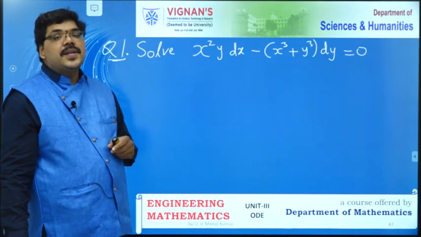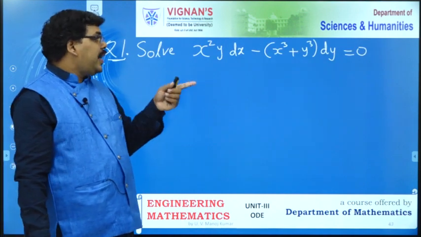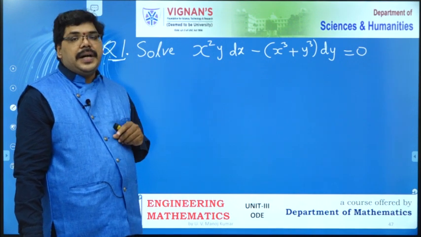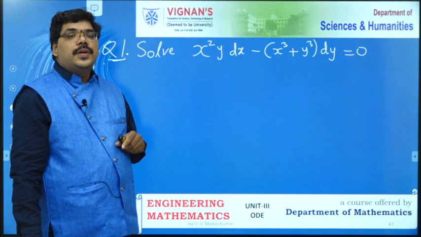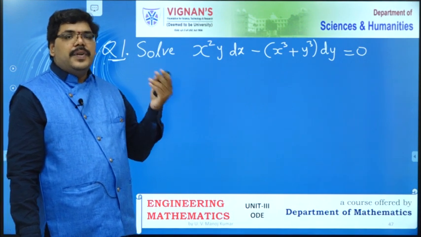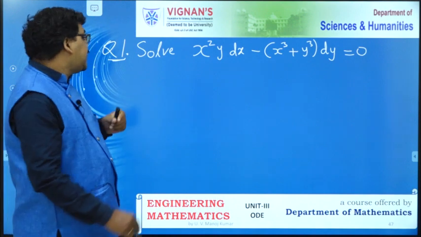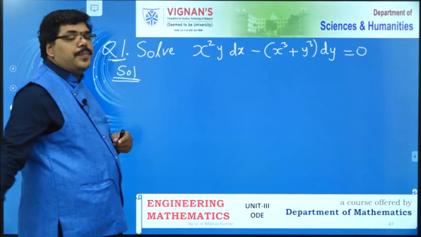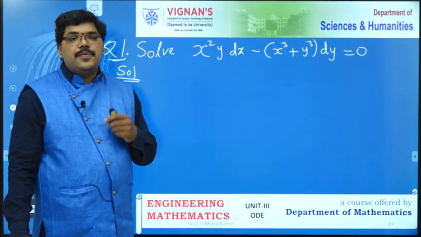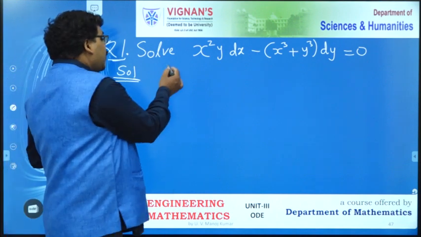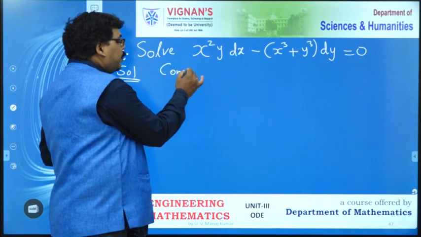First problem. Solve x square y dx minus (x cube plus y cube) dy equals to 0. As we are discussing exact, non-exact, we will try in that method only. Let us compare with the standard form. What is the standard form? M dx plus N dy equals to 0.